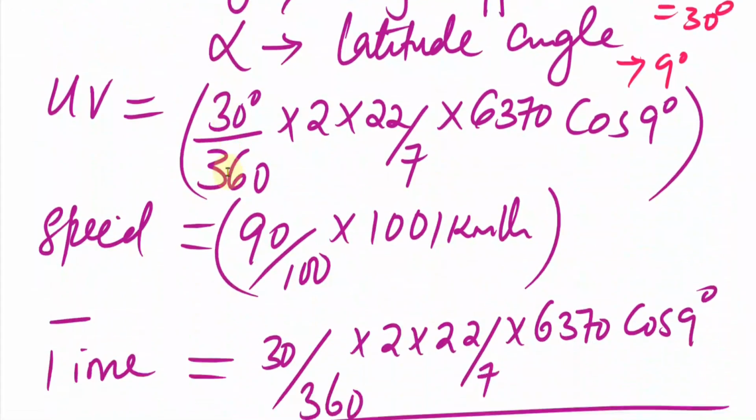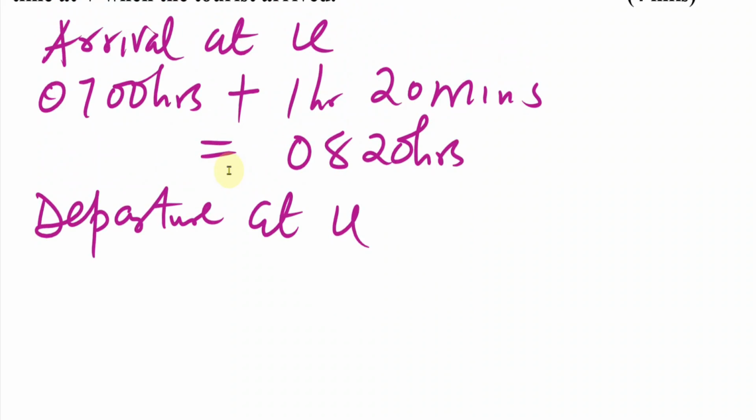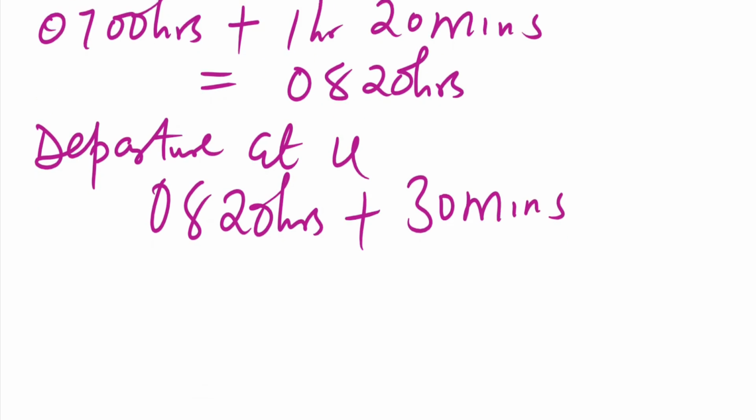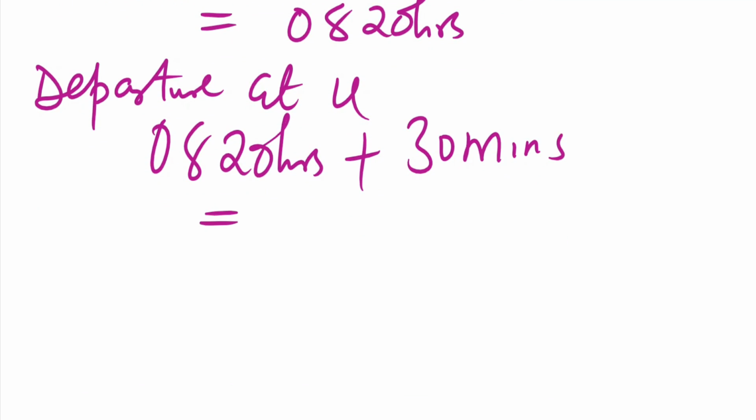So after arriving at U, we have to add these 30 extra minutes. So 0820 hours plus 30 minutes. That was the amount of time spent at U. So it left at 0850 hours. Then what is remaining is U to V.